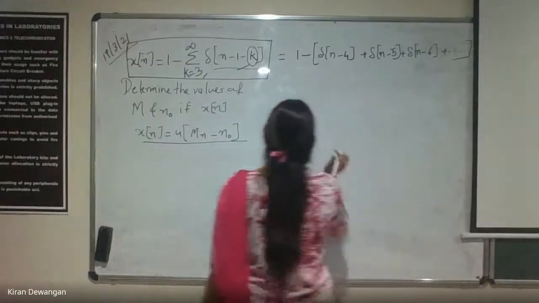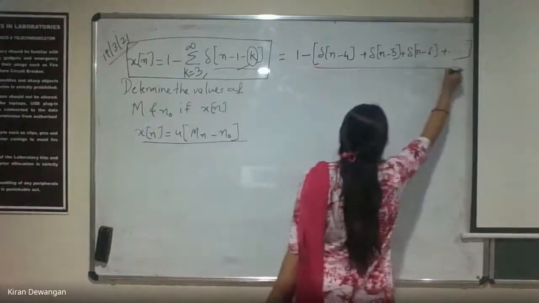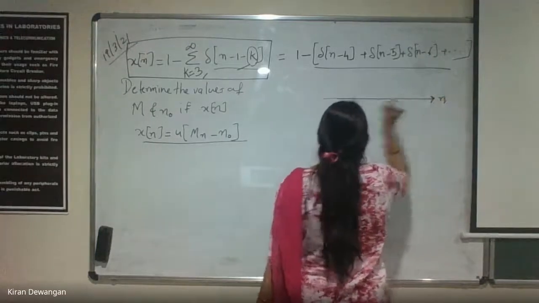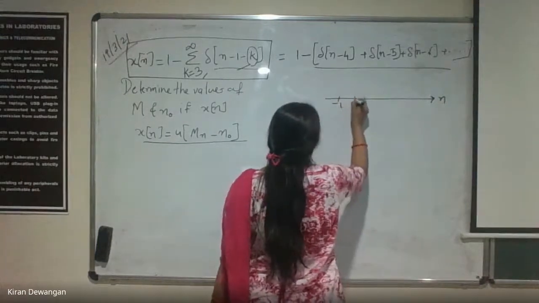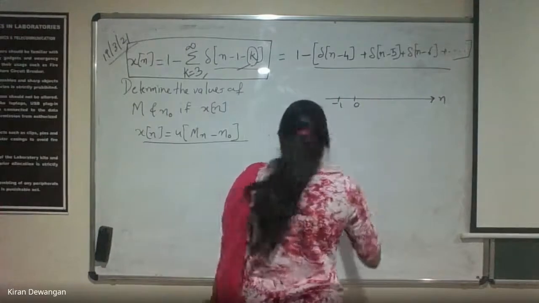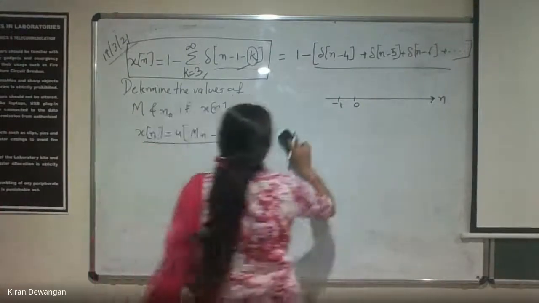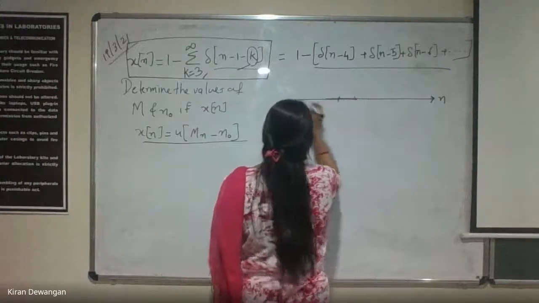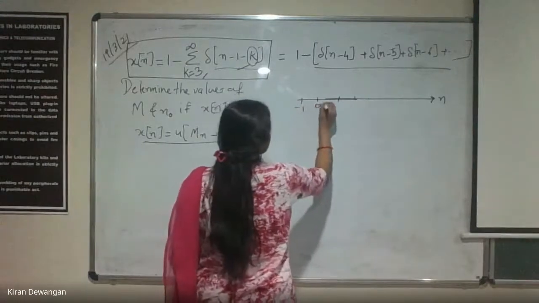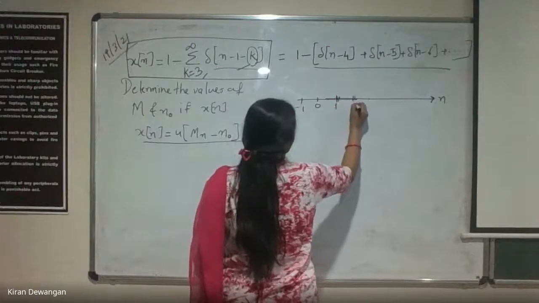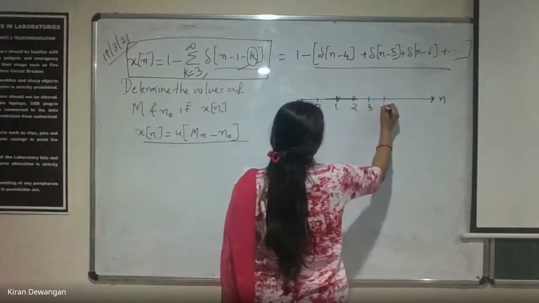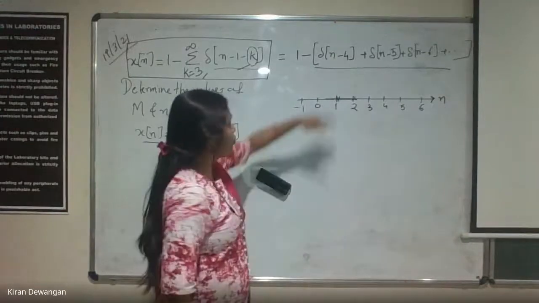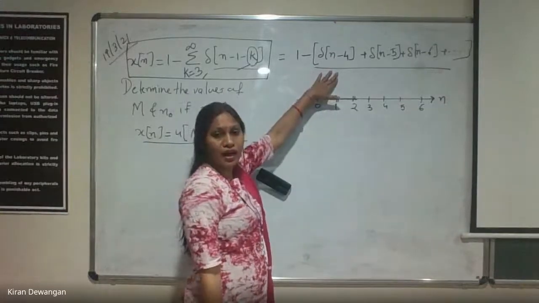Now if I plot this, it will be like this: n, minus 1, 0, 1, 2, 3, 4, 5, 6. At what point will delta n minus 4 have the value?